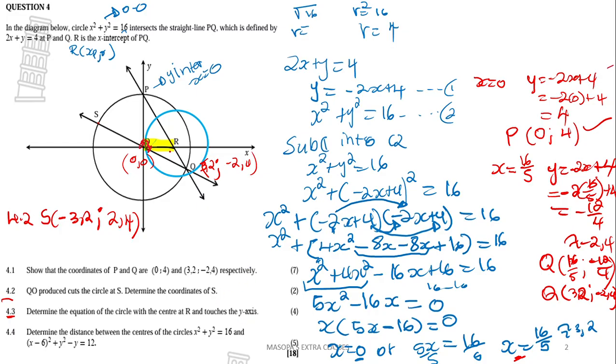The coordinate of R is the x-intercept, meaning that to get it, we're going to substitute in the equation of PQ to get the x value of R.